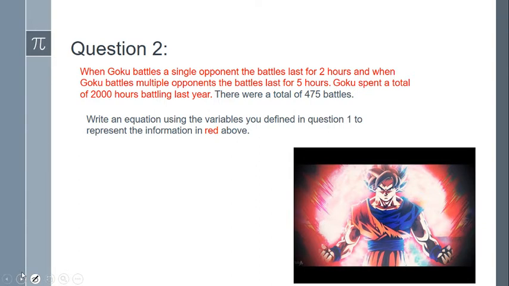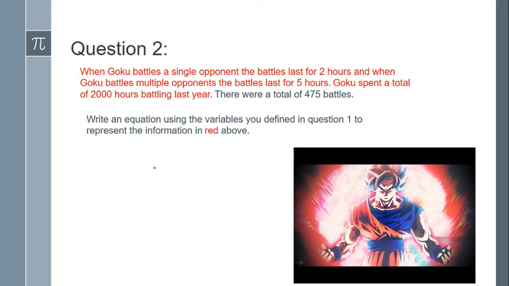Okay, so now that we have that defined, we want to write an equation for this part in red, the first part. We're going to end up writing equations to represent all the information in this problem scenario, starting with one at a time. So question 2 says, when Goku battles a single opponent, the battles last for 2 hours and multiple opponents for 5 hours, and that we know how many total hours he spent battling.